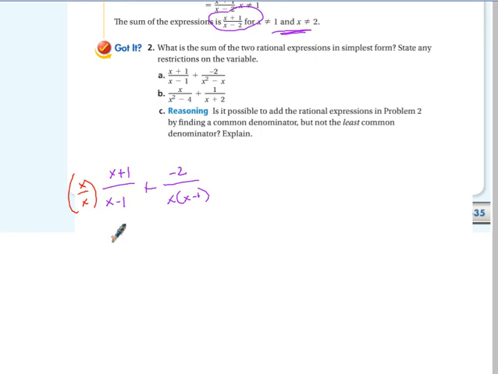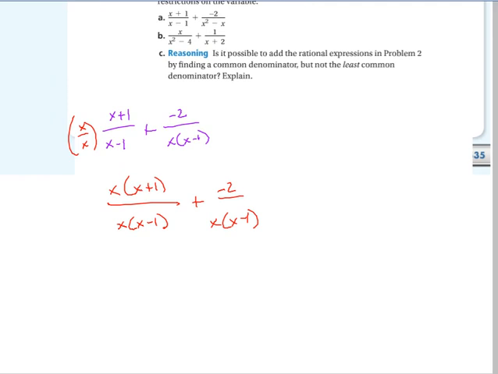Now I have x times (x plus 1) over x times (x minus 1) plus negative 2 over x times (x minus 1). Now that they're both the same, I can put them together. I'm going to distribute all in the same step. So I have x squared plus x minus 2, that's the whole numerator, over x times (x minus 1).